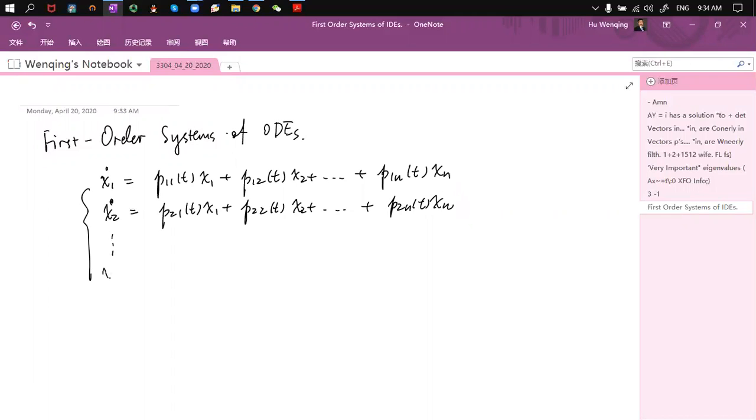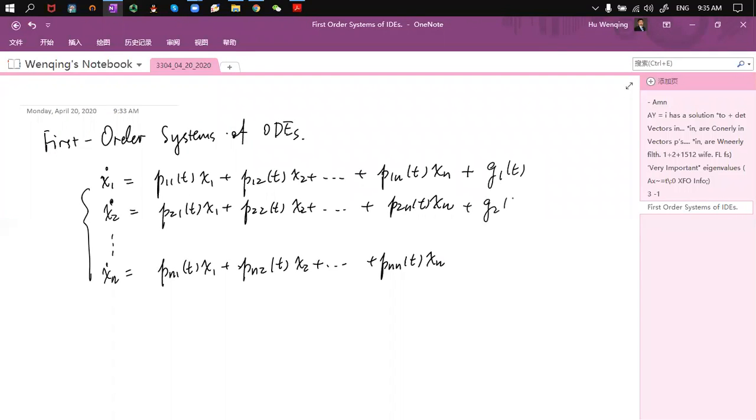In general, you have xn dot is equal to pn1 of t times x1 plus pn2 of t times x2 plus dot dot dot plus pnn of t times xn. But it might be possible that you have a non-homogeneous term here, g1 of t, g2 of t, up to gn of t. So that's the complete form of a first order differential equation.